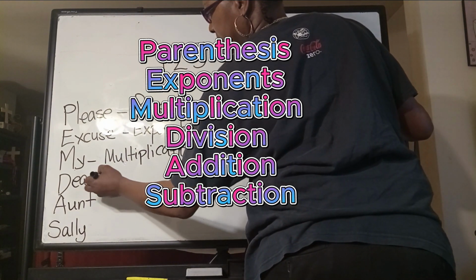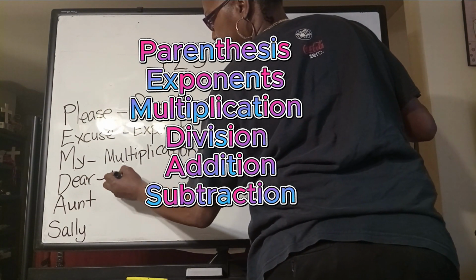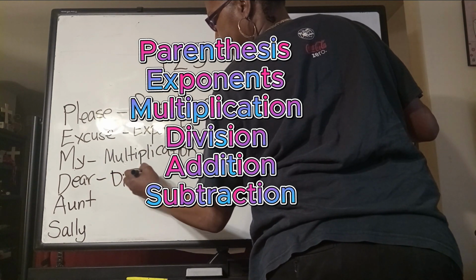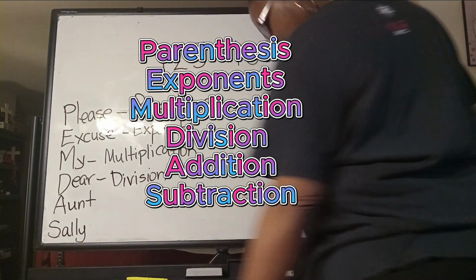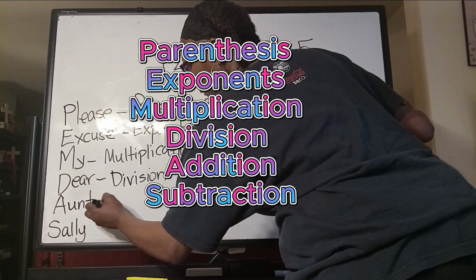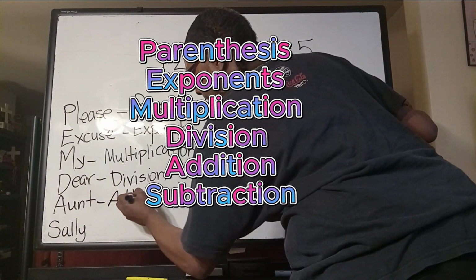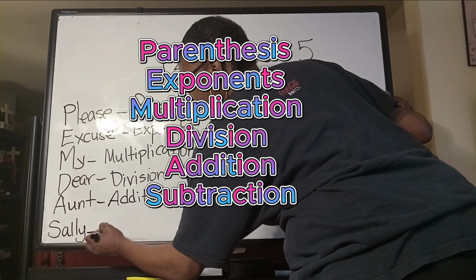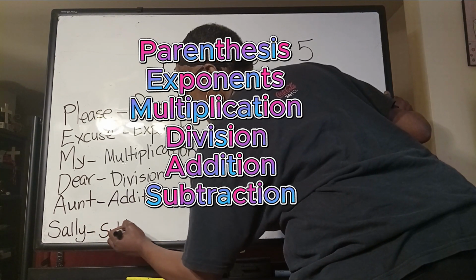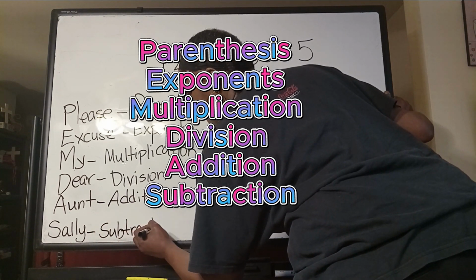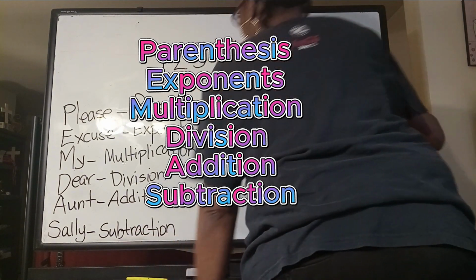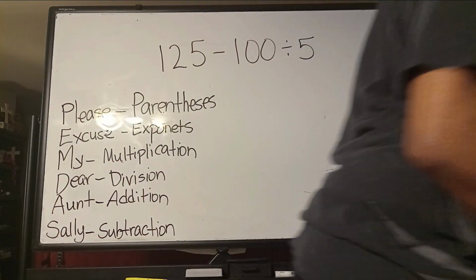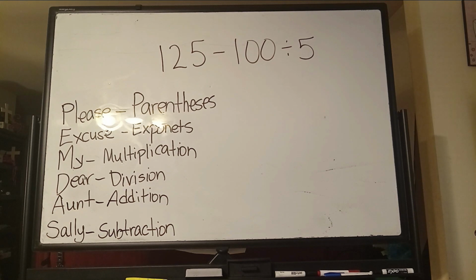We have the dear, and that's for division. We have aunt, and that is for addition. And we have Sally for subtraction. And these are the order of operation for math, the rules that we have to go by in order to solve problems.